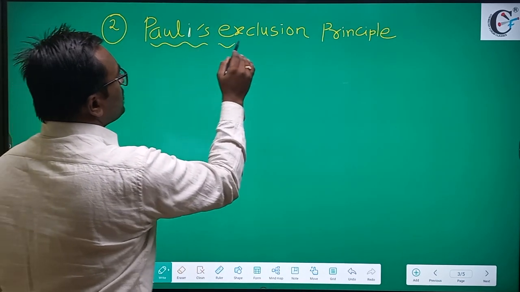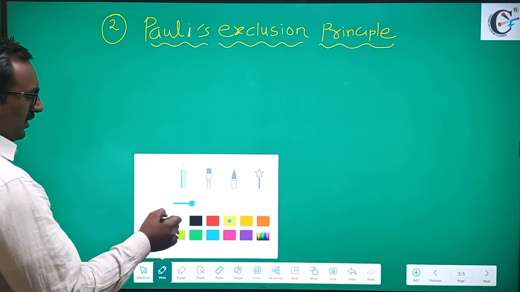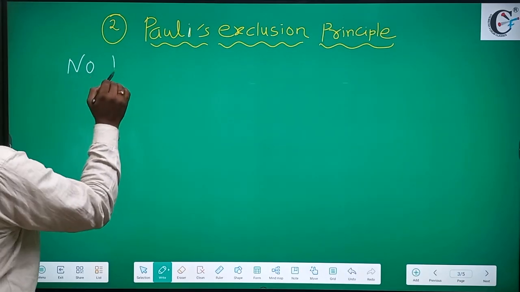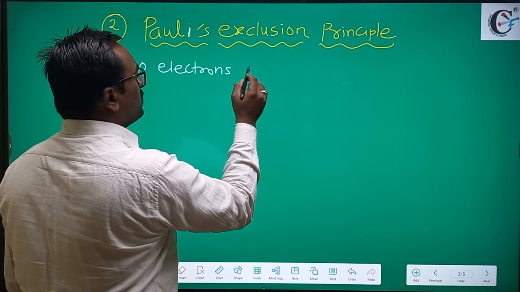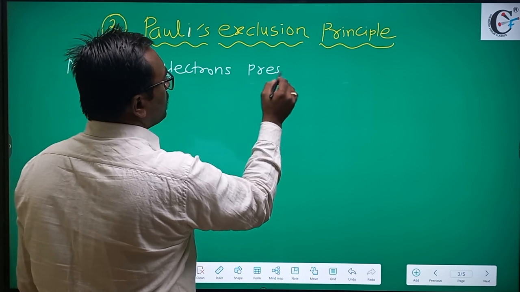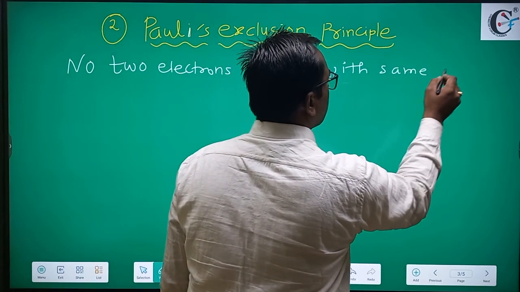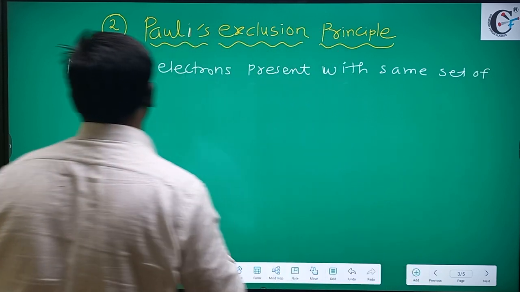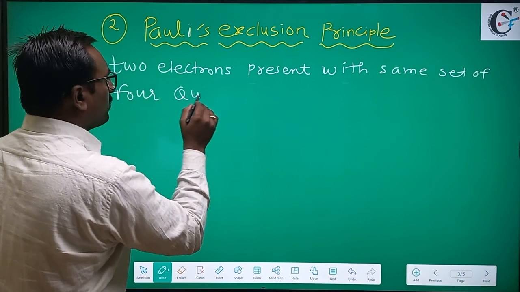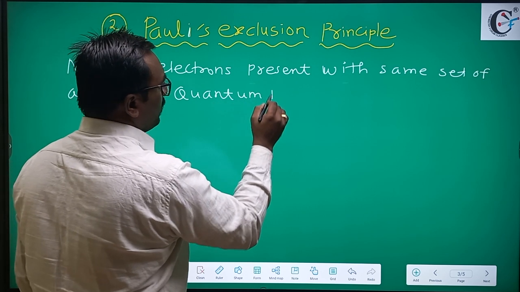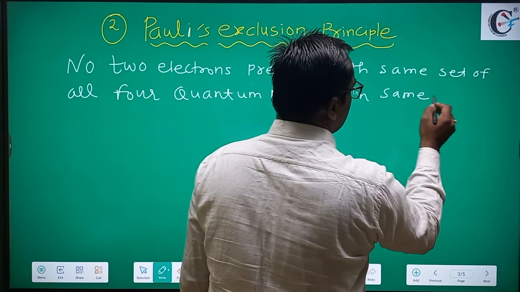According to this principle, I will write the statement here: no two electrons present with the same set of all 4 quantum numbers in the same orbital.